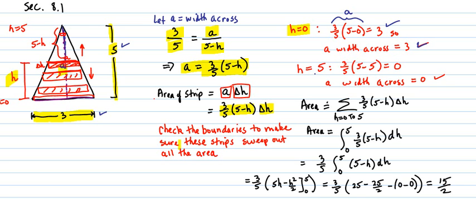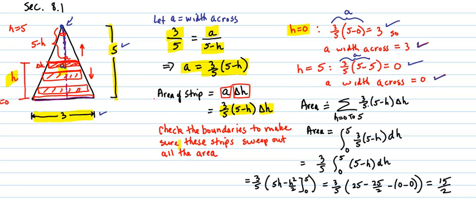And at the very top at h equals 5, there's supposed to be 0 width across there. So let's see. At h equals 5, 3/5 of 5 minus 5, that's the A, equals 0. That checks out. The width across at the top is 0. Now you know you have your formula right.